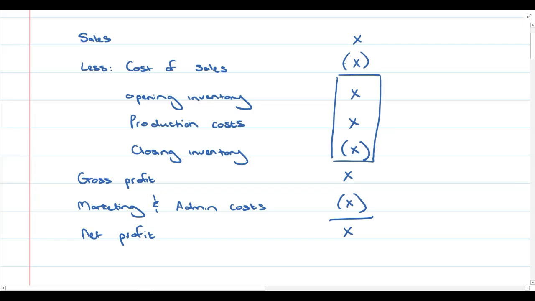Once again, I just want to use the format of this statement over here to explain the logic to you. So you guys know that when absorption costing is used, these production costs over here include both fixed and variable production costs, which means closing inventory includes both fixed and variable production costs. So it's important to note, guys, we calculated in part A1 that this fixed production cost over here is budgeted to be 758,600.